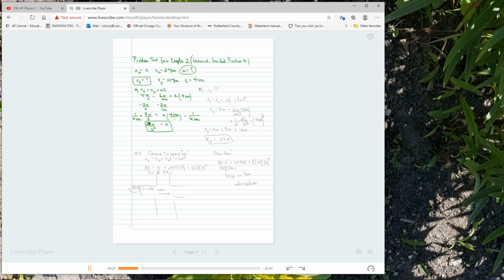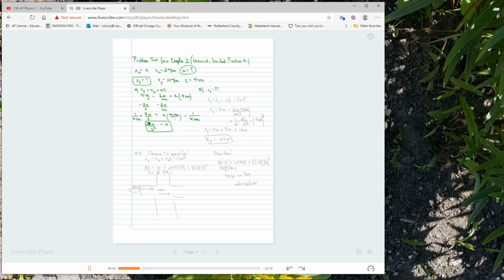So, part B of this question now asks us to find what's our final location, right? How far did we travel? Distance traveled during the 4 seconds. So what I'm going to do is, since I made the starting position 0, whatever number I get for the final position will also be the distance traveled.